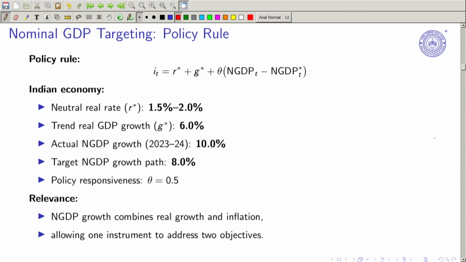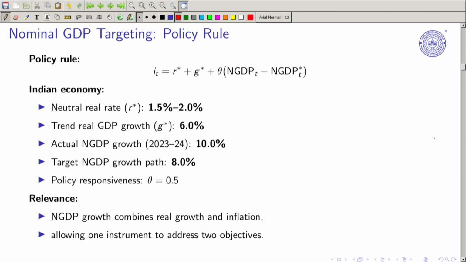So I have given one example here. Suppose the neutral real rate for India, given that there are no NGDPT and output gap, is around 1.5 to 2%. The trend real GDP growth is around 6%, for example. So NGDP star is 6%.